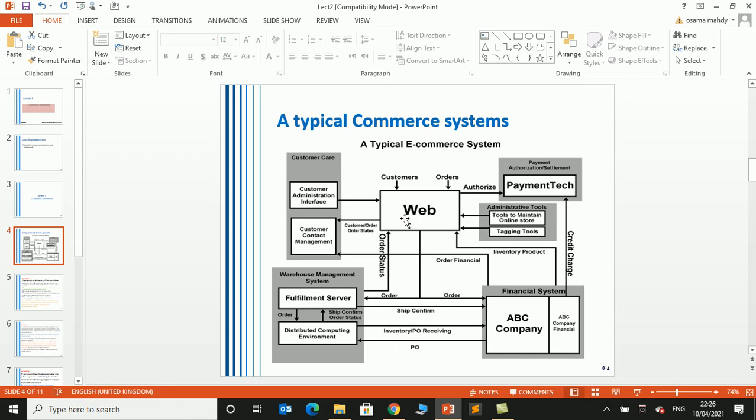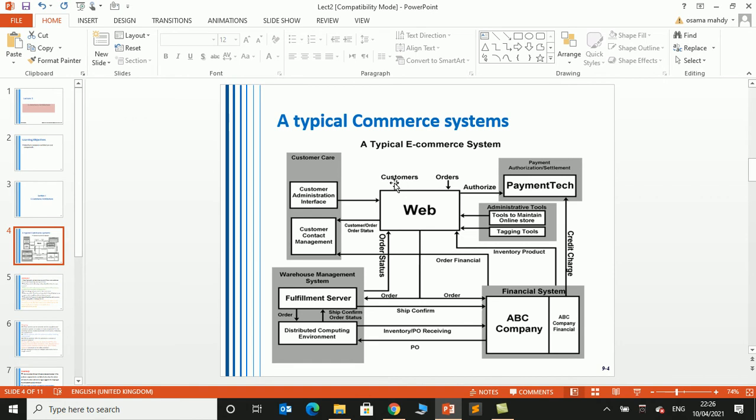You see, the web here is a very main component and a very huge one with its details.